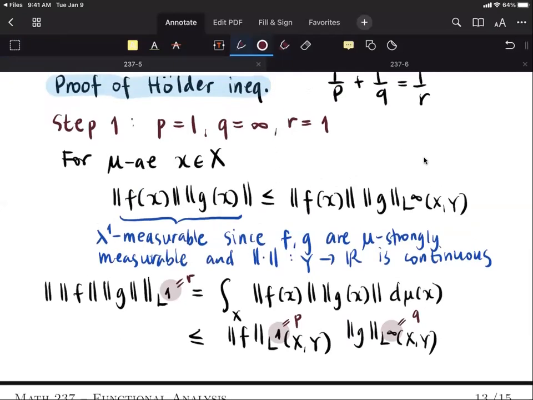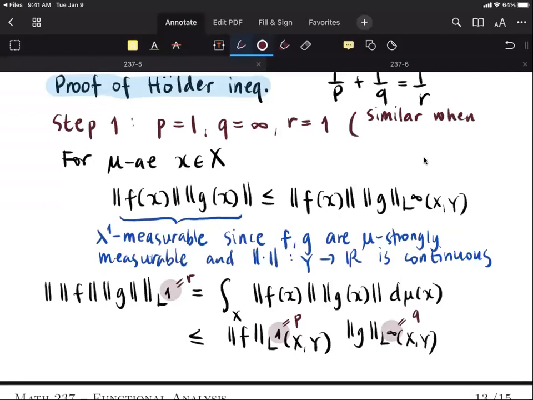Okay. And you can also proceed in a similar fashion when the roles of P and Q are reversed.